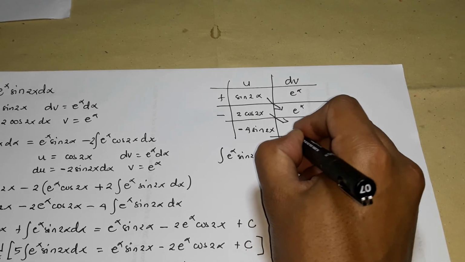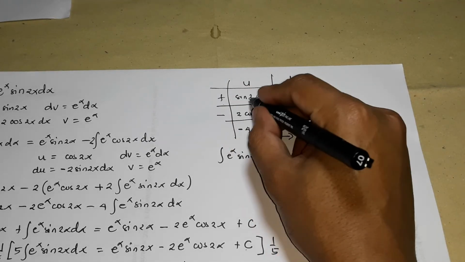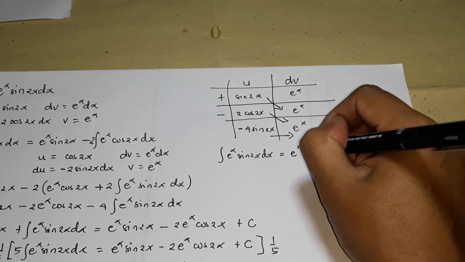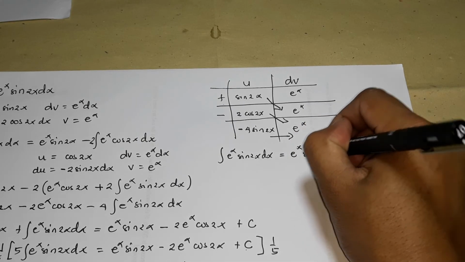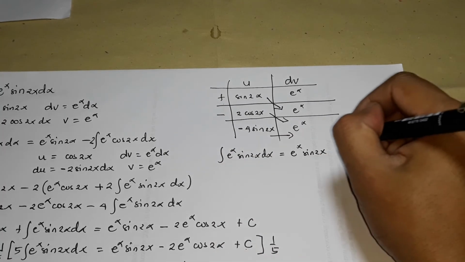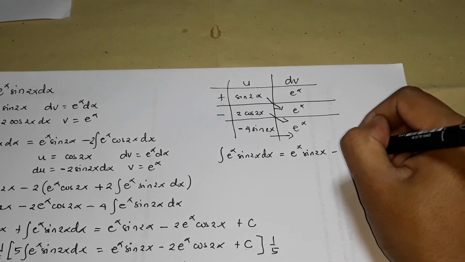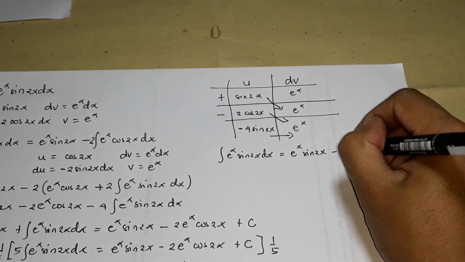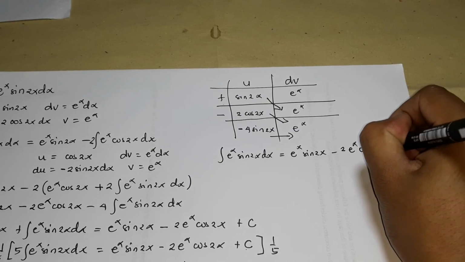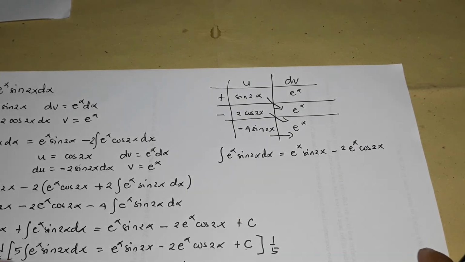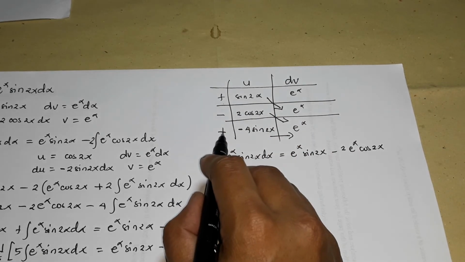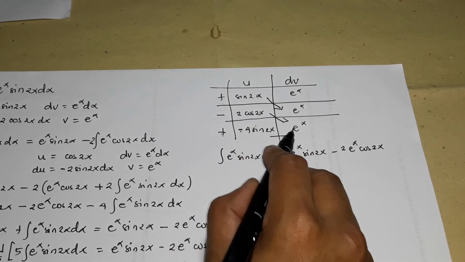And then horizontally, we have positive sine 2x times e to the x is e to the x sine 2x, and then negative 2 cosine 2x times e to the x is negative 2 e to the x cosine 2x, and then minus, plus, minus, plus, and then plus, negative, then e to the x.